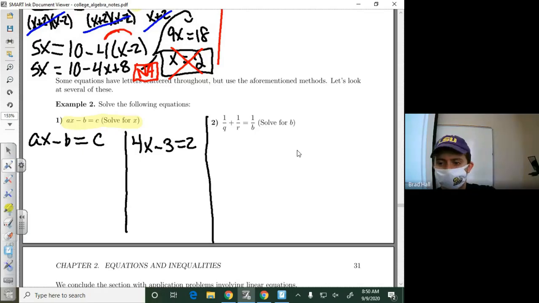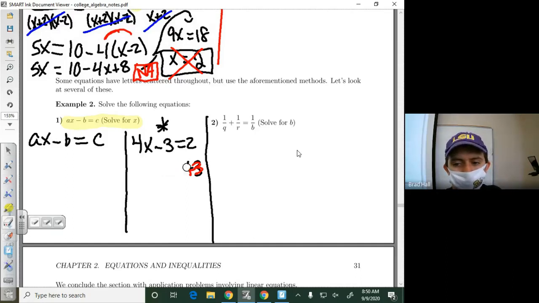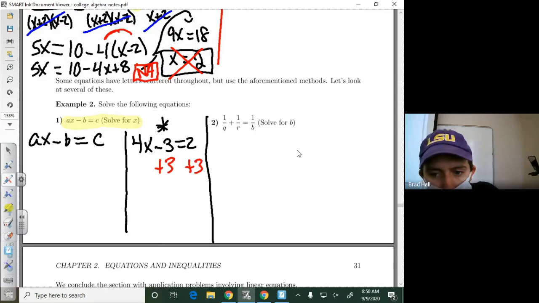If I were to write it out this way, then the first step you would do is add 3 to both sides. Naturally, over here, we would add b to both sides, because b is just some symbolic placeholder for, say, a number like 3.